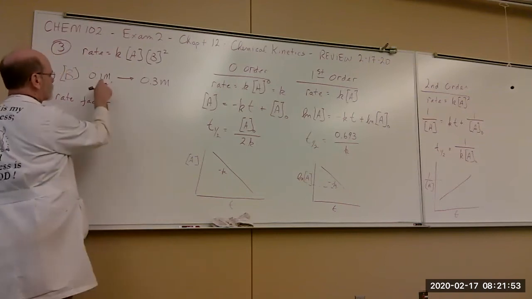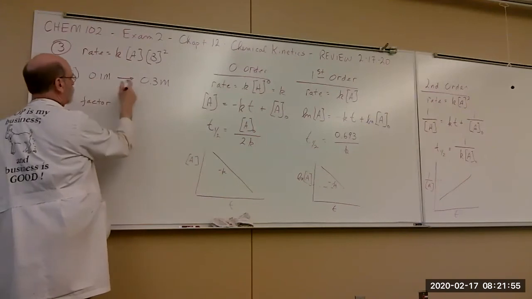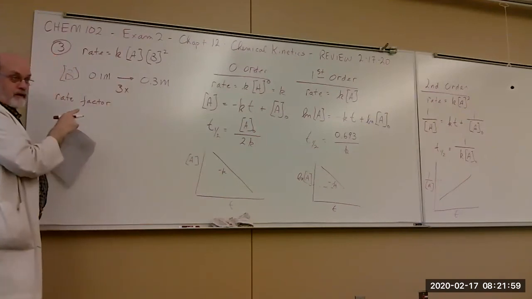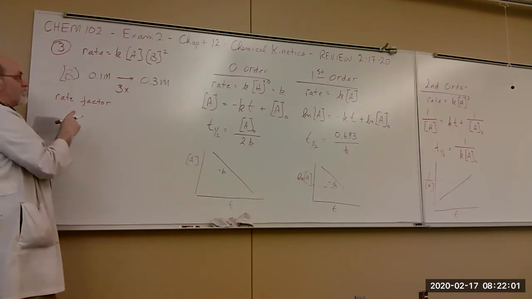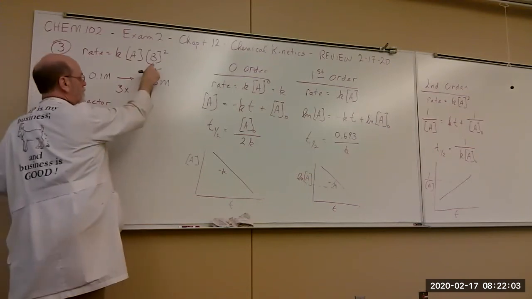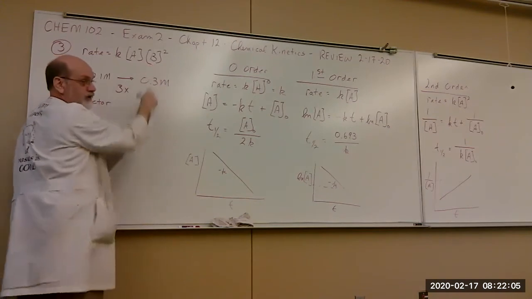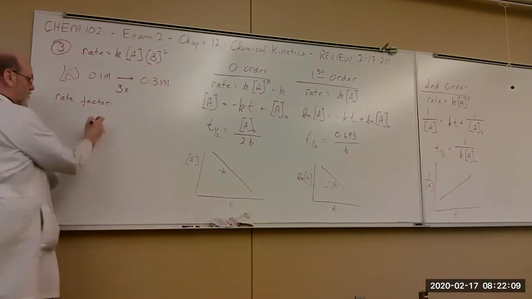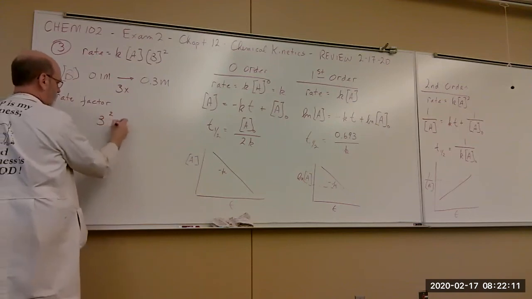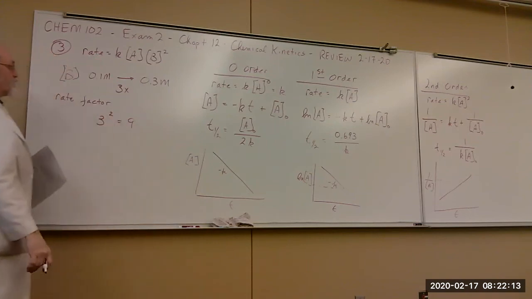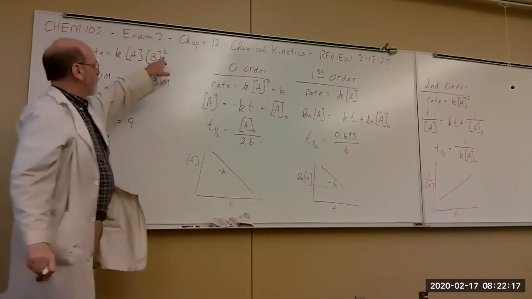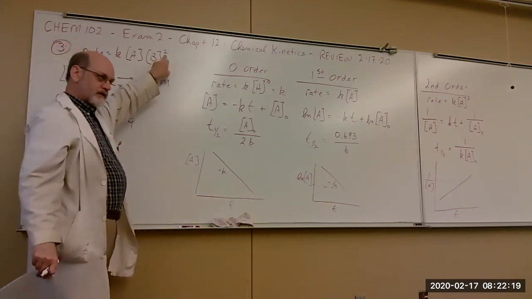How many times did this increase? 3 times, from 0.1. Okay, so we're going 3 times increase in concentration. So the effect on the rate is what? 3 squared. 9 times. So you actually increase the rate 9 times because the order of B is squared.